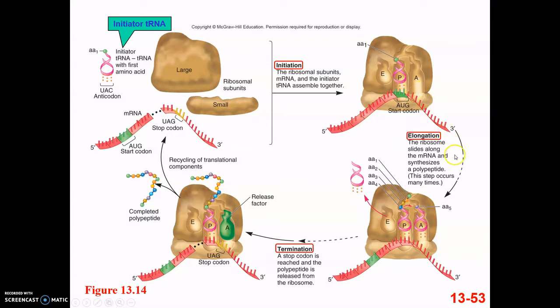Then during the elongation step, as I said, you see a new amino acid, or a new charged transfer RNA with its amino acid coming into the A site. The growing polypeptide chain will then be transferred onto this amino acid. And then both of these 2 transfer RNAs will be shifted over one.